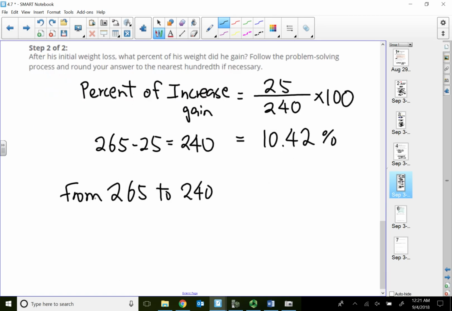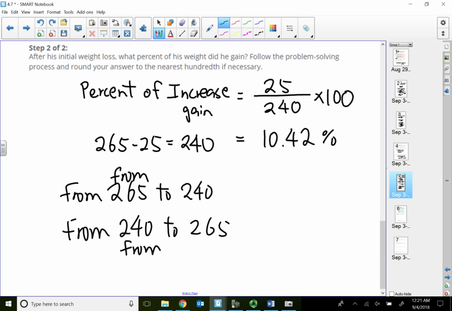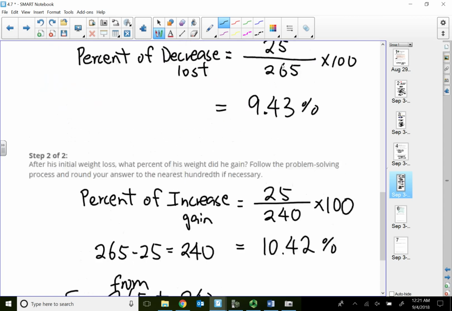Then in the second step, when he gained his way back, he is from 240 pounds back to 265. So this is the from, and in the first step this was the from. So be careful what we're dividing by here.